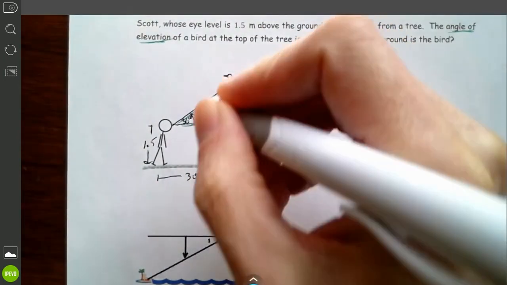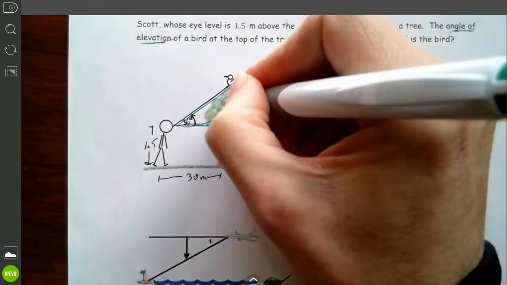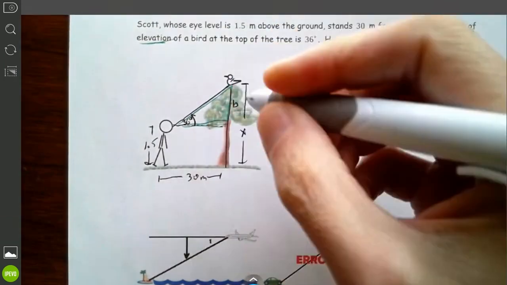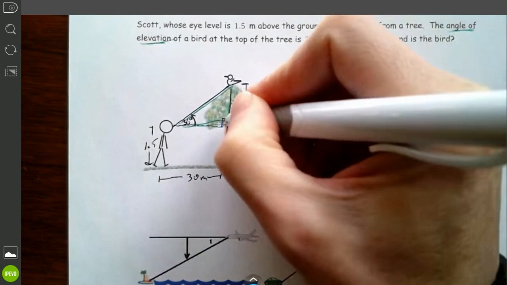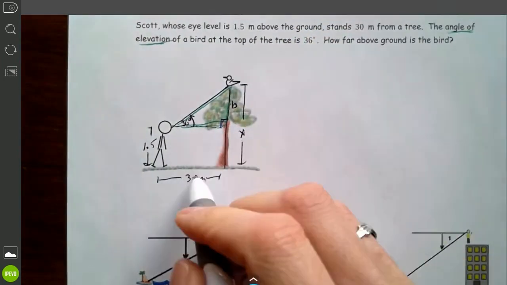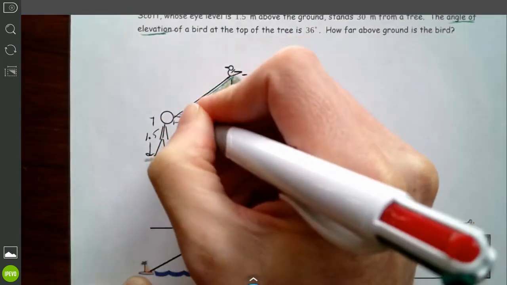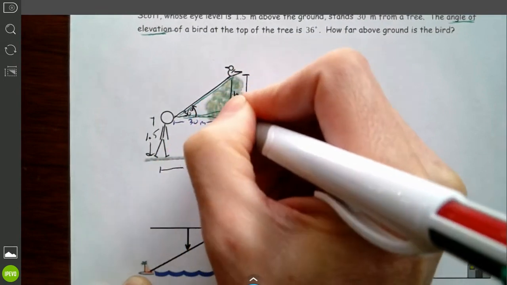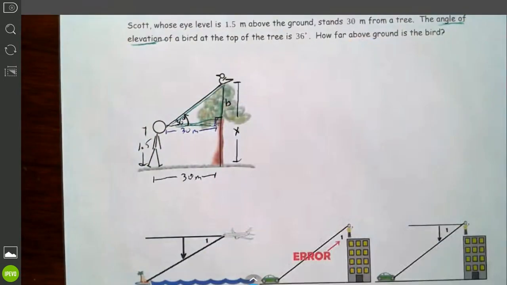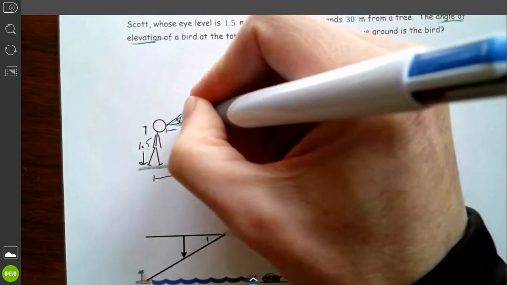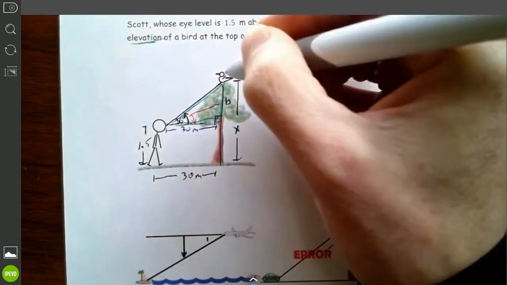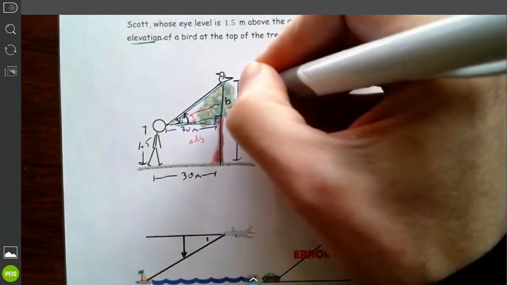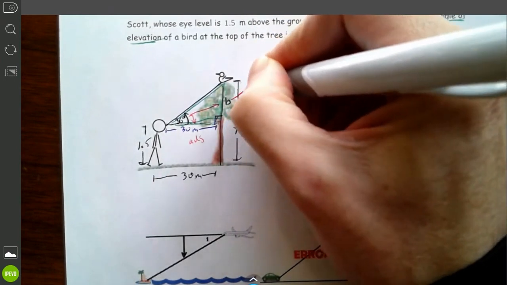I'll call this B for bird, and that's what we want to find first. There's my right angle. This 30 meters is going to be here as well. So the 30 meters is my adjacent side. I'm looking for the opposite.